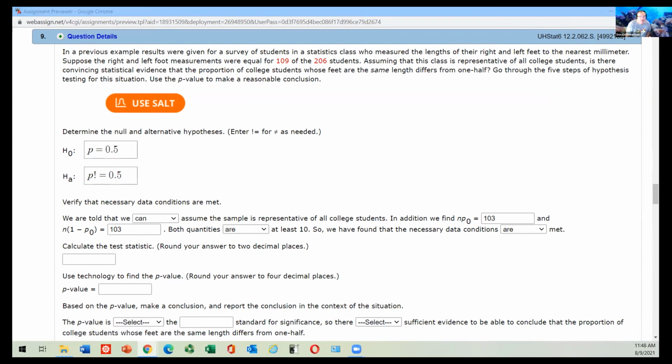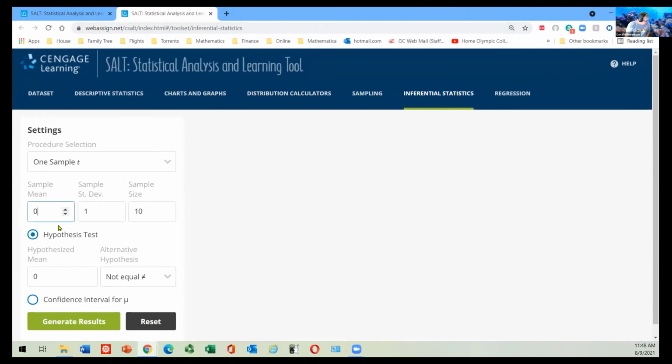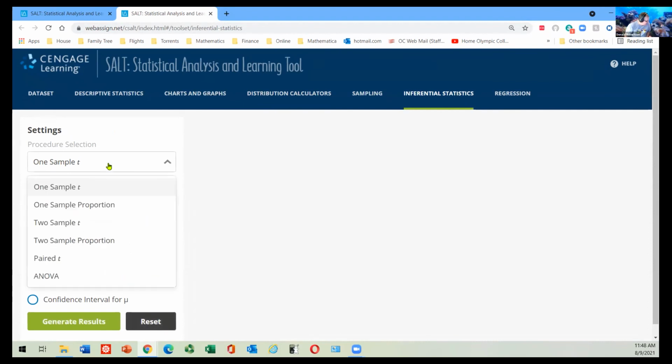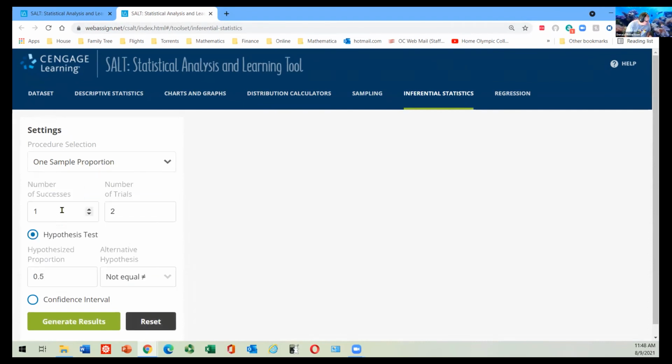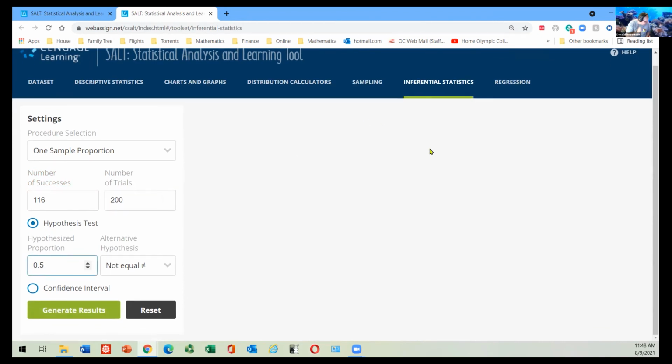Let's hit this fella and go here. And now I can use the 116. And number of trials is going to be 200. And the hypothesis is 0.5 because they have no imagination. And this one was different, so it's a not equals to, right?